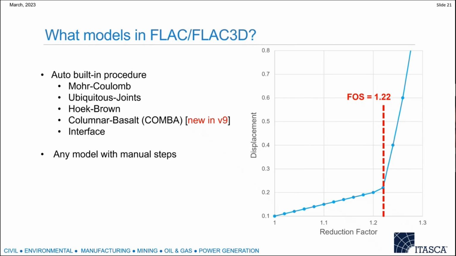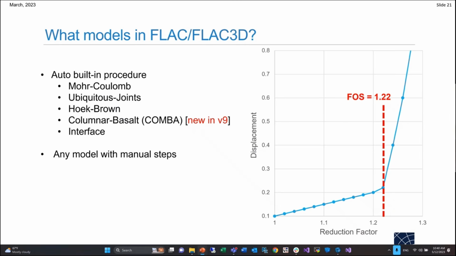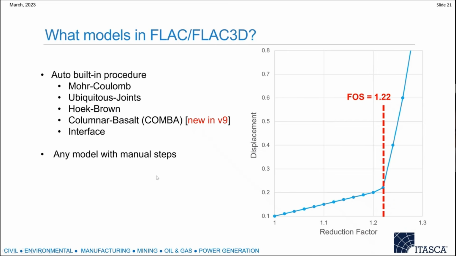If we see a sudden increase, for example in this figure, the displacement suddenly increased at 1.22, then we can consider that the factor of safety is 1.22 based on the reduction of this property.